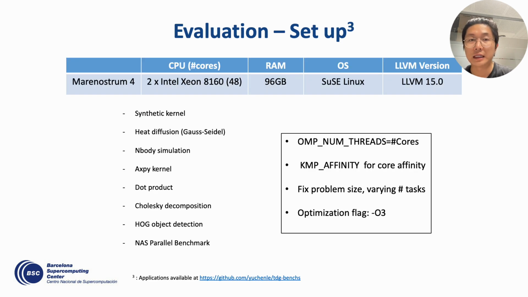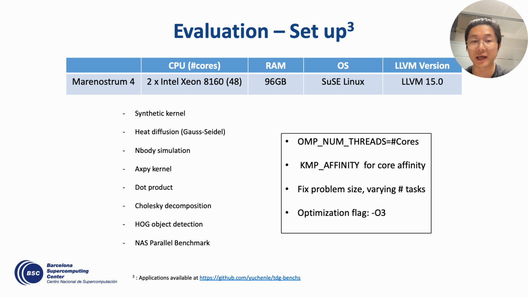So next, let's look at the evaluation numbers from the Taskgraph framework. But before that, I will quickly give the setup we used to get the numbers. All the experiments were carried out on a node of the MareNostrum 4 supercomputer. I used a set of different applications.